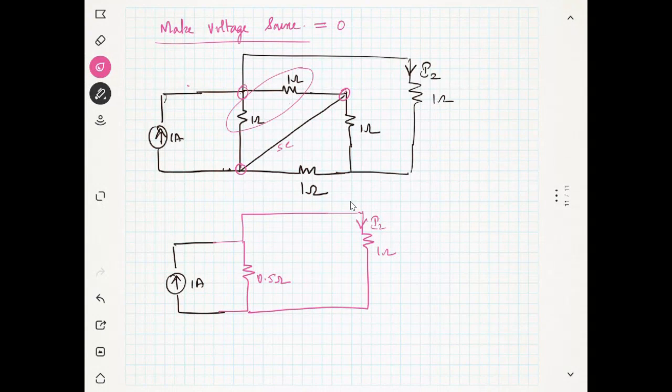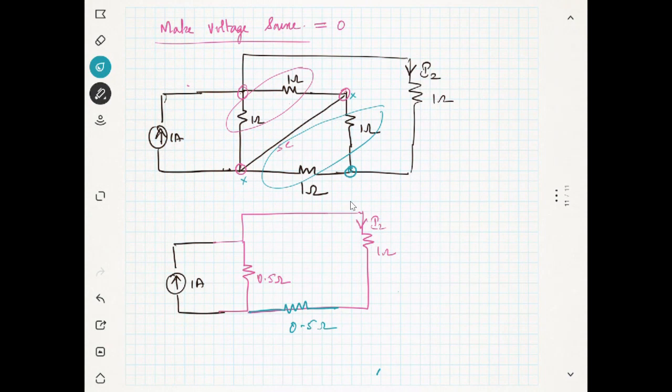So I can write it between these 2 points. It is parallel. You can see here, this is parallel, and this is 0.5 ohms. I will write like this. Is it okay? Can you imagine? Yes, if you just short circuit that path, then it is parallel.